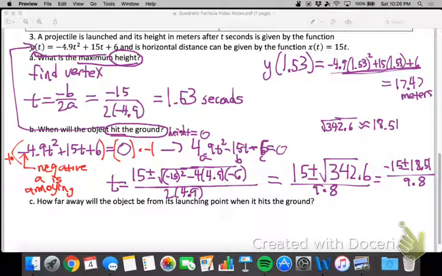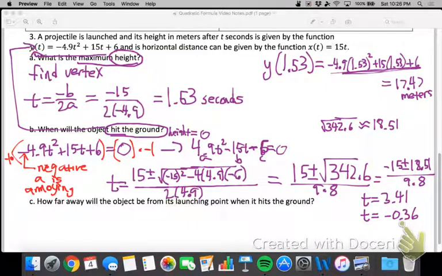And if you evaluate the plus and the minus correctly, and make sure you can do that, you would get t equals 3.41 and t equals negative 0.36.